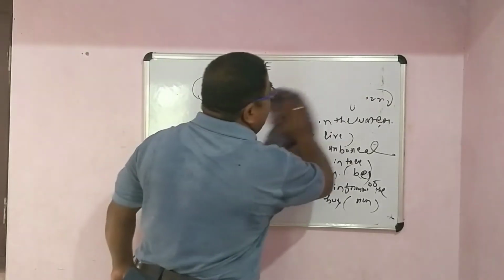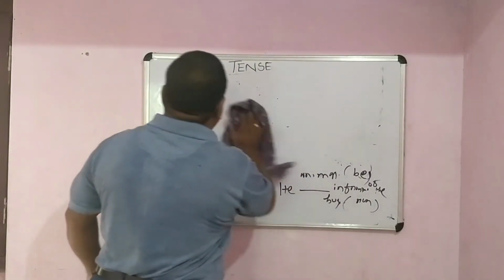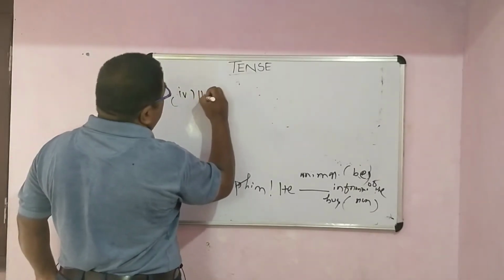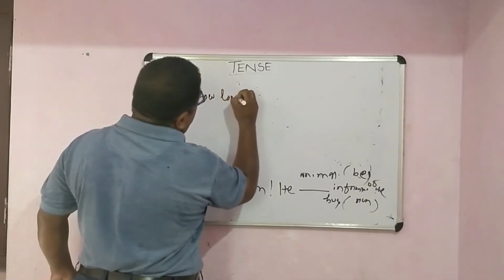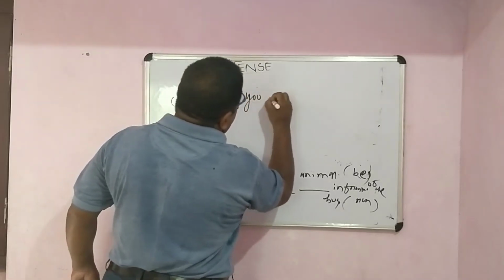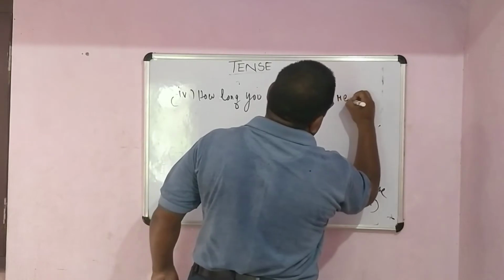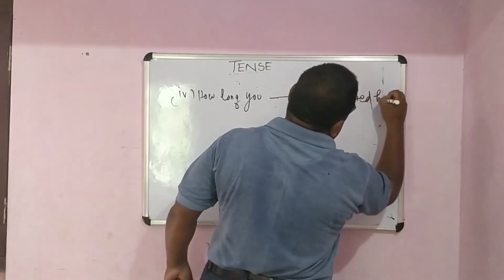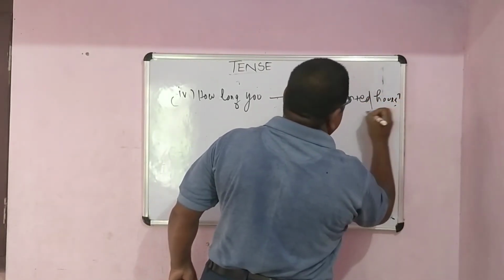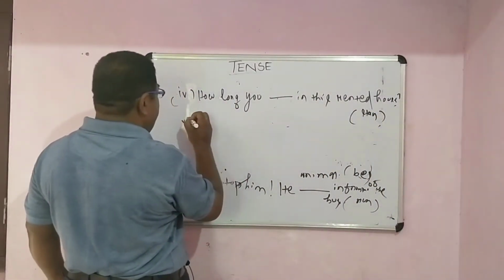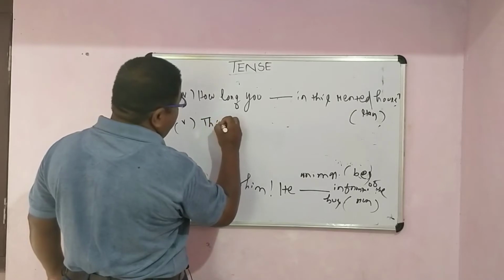Now question number 4. What is question number 4? How long you dash in this room, in this rented house? How long you dash in this rented house? Question mark. Within the bracket, stay. Correct form. Number 5.